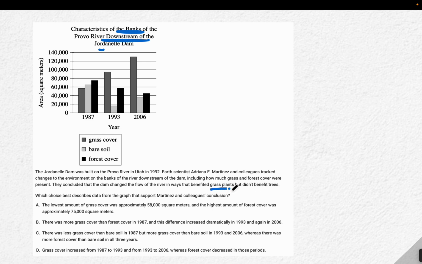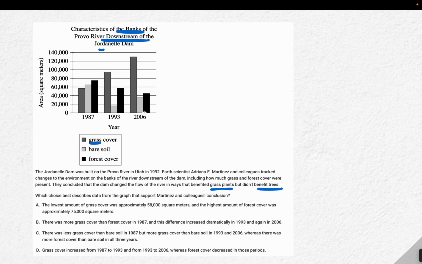So we have to look at the choices to see which one was grass. It was this color, the grass cover. So it benefited here but not here.